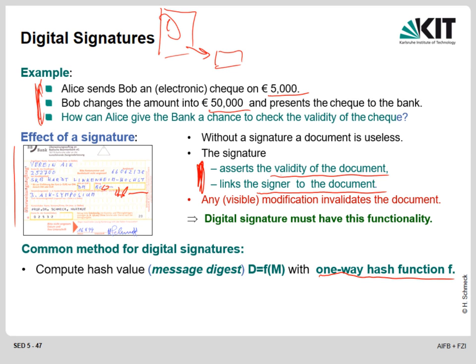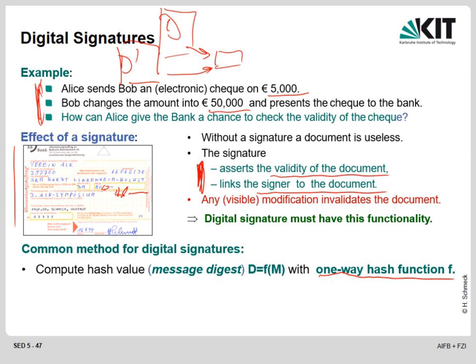In particular, you must make sure that if I have a slightly different document, D prime, and I compute a hash, it should never go to the same hash value. So if I have neighboring documents which are close to each other, they should not lead to the same hash value.